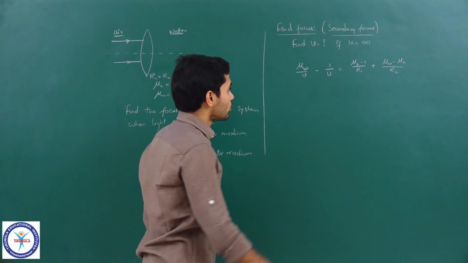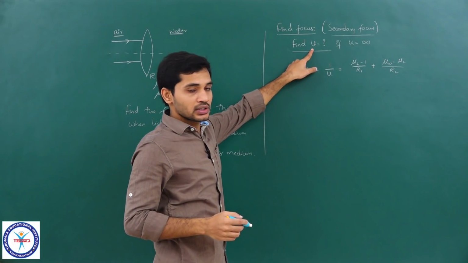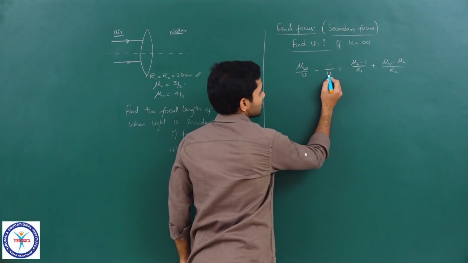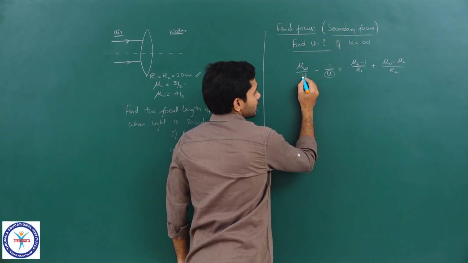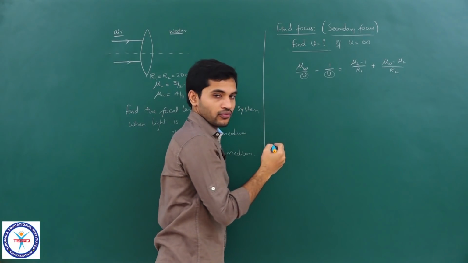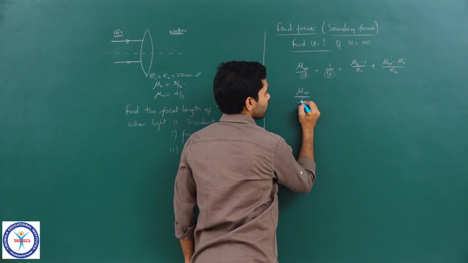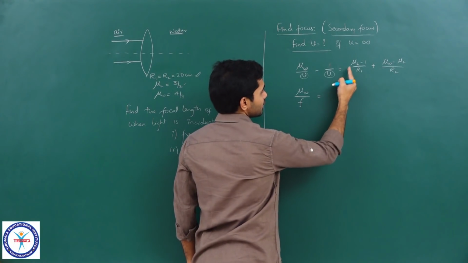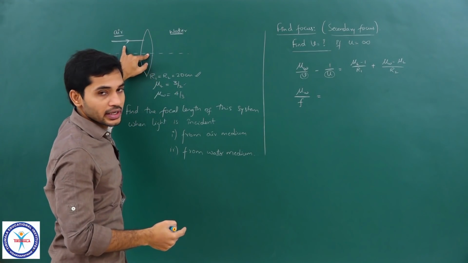Let us substitute it now. We have to find V when U is infinity, right? So, if I substitute U as infinity and V as F, I will get mu water by F is equal to, what is that value? Mu lens is 3 by 2 minus mu air, which is 1.